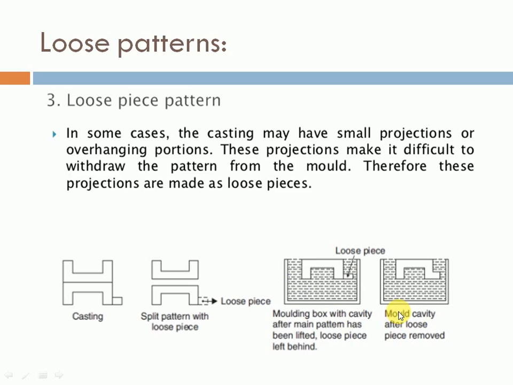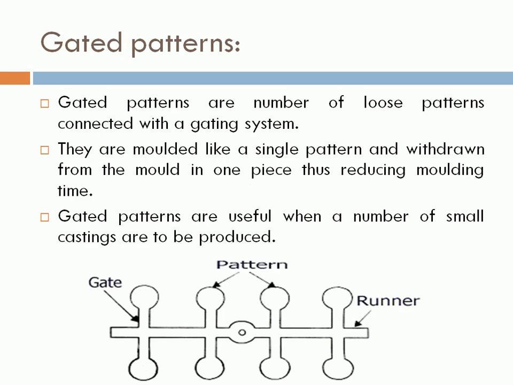So this is a loose piece pattern. Now this is a gated pattern. Gated patterns are a number of loose patterns connected with the gating system, and they are molded like a single pattern with the withdrawal from the mold in one piece, thus reducing the molding time. And gated patterns are also useful when a number of small castings are to be produced.